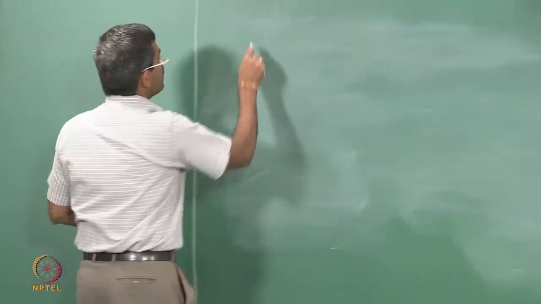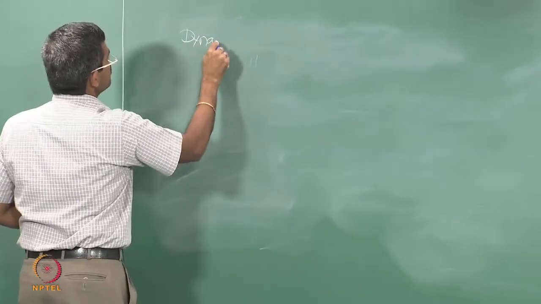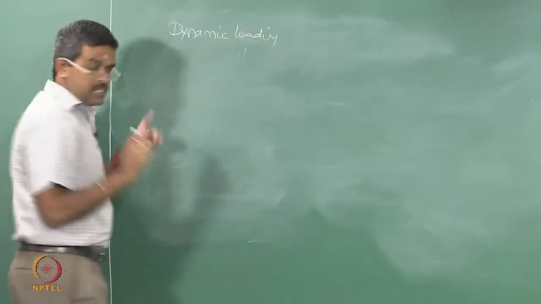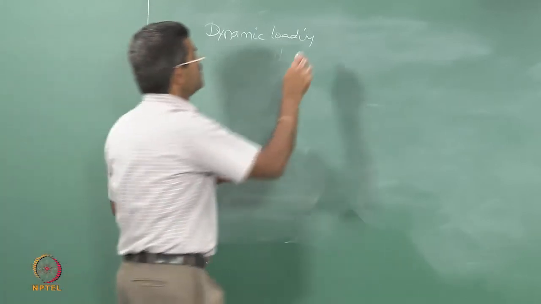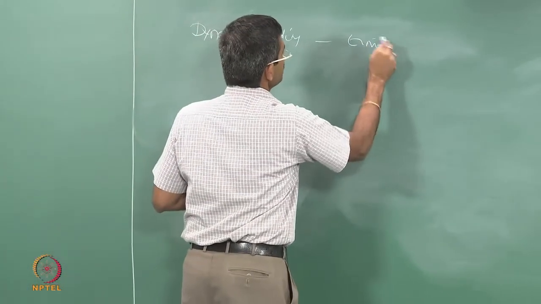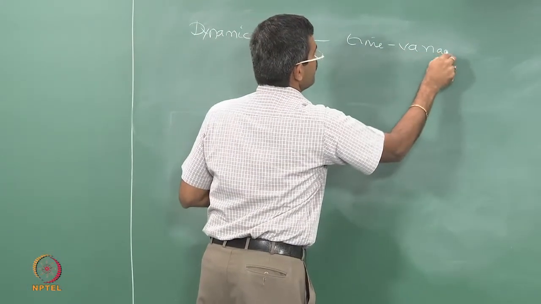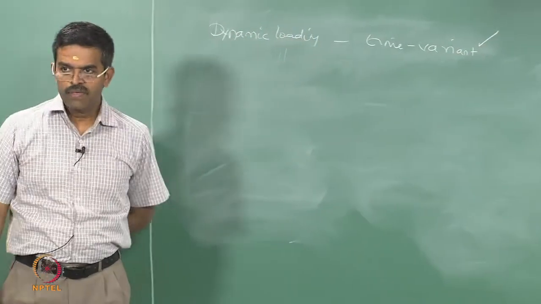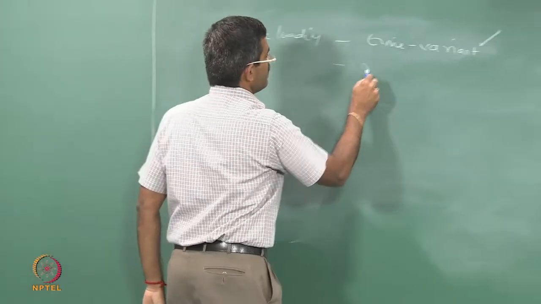So, the dynamic loading essentially has two components. One is the time variant part of it. The second is variation in magnitude.